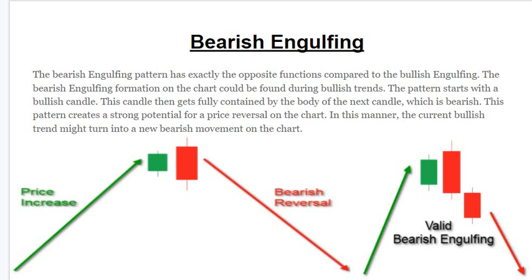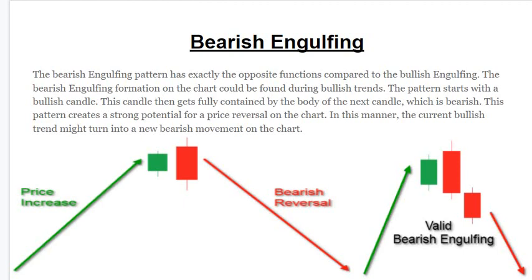The pattern starts with a bullish candle. This candle then gets fully contained by the body of the next candle, which is bearish. It's engulfing it. This pattern creates strong potential for price reversal on the chart. In this manner, the current bullish trend might turn into a bearish movement on the chart.